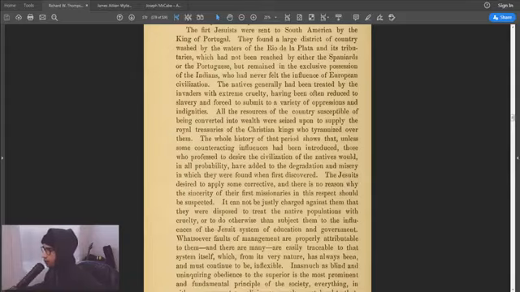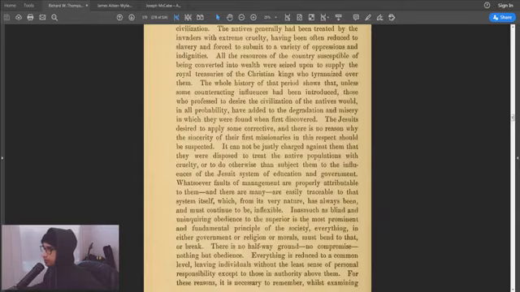Whatsoever faults of management are properly attributable to them, and there are many, are easily traceable to that system itself, which from its very nature has always been and must continue to be inflexible, concrete, inasmuch as blind and uninquiring obedience to the superior is the most prominent and fundamental principle of the society. Everything in either government or religion or morals must bend to that or break. There is no halfway ground, no compromise, nothing but obedience.